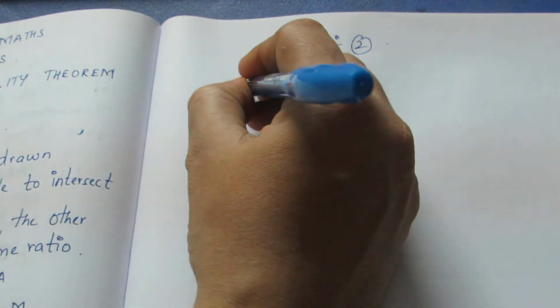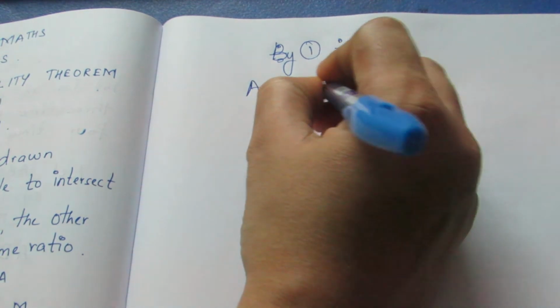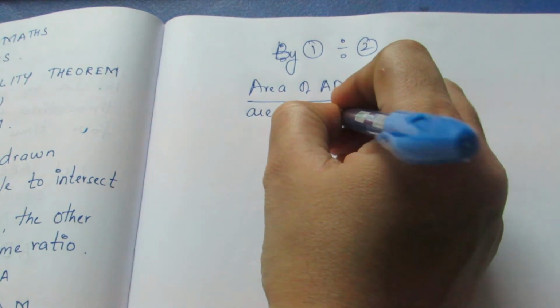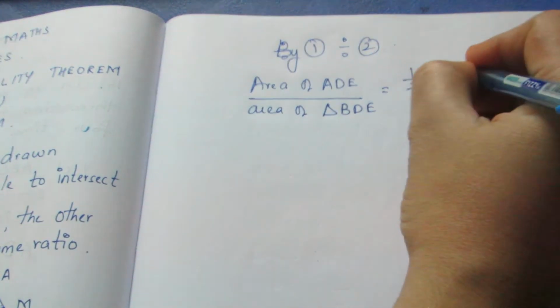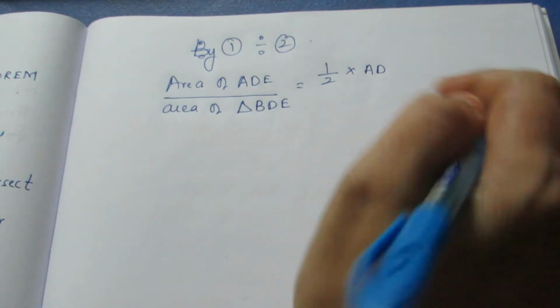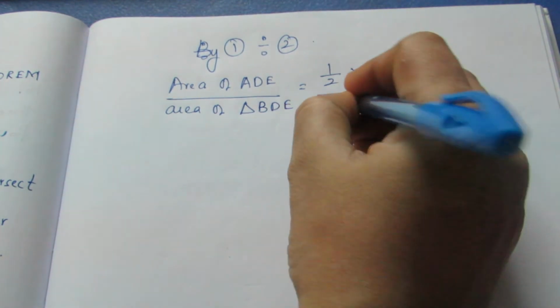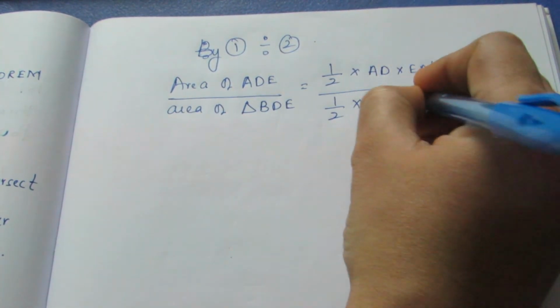Now LHS you should divide with LHS and RHS with RHS. So area of triangle ADE by area of triangle BDE is equal to, here it is half into AD into EN, here also it is half into BD into EN.